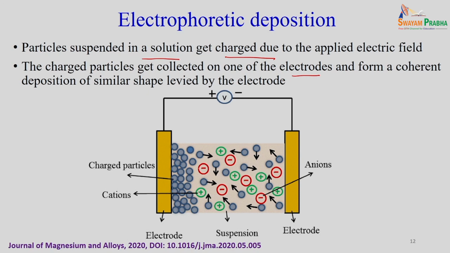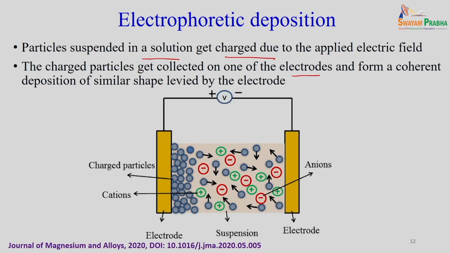So, the deposition will be similar to the shape of the electrode. Here you can see we have a suspension. When we apply the field, these molecules will be charged, and depending on their charge, they will move and get collected on one of the electrodes and form a deposition.